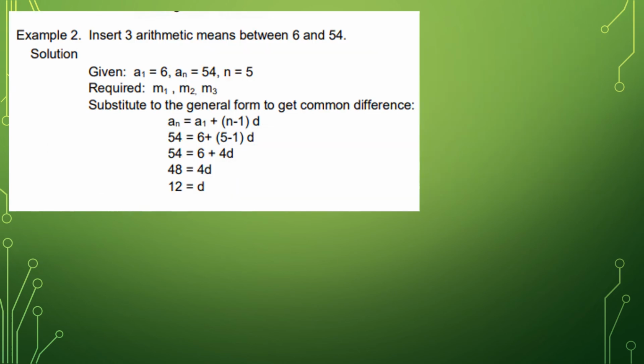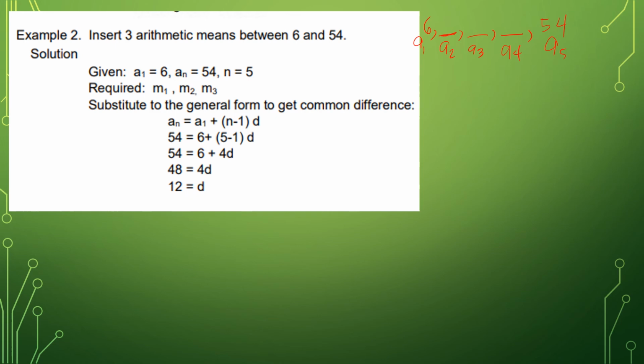Another example is you're going to insert 3 arithmetic means between 6 and 54. So 6, insert 3 arithmetic means, and 54. So in this case, first term is 6, a sub 2, a sub 3, a sub 4 are your arithmetic means, and 54 here is your a sub 5.